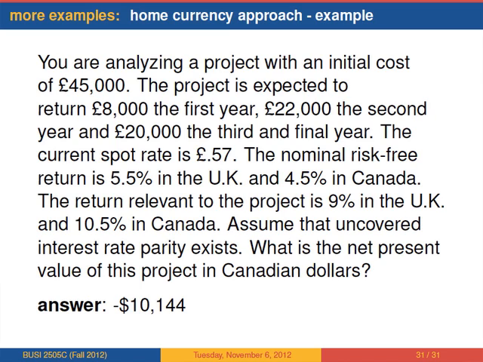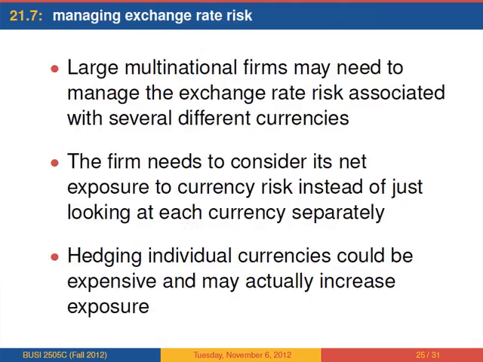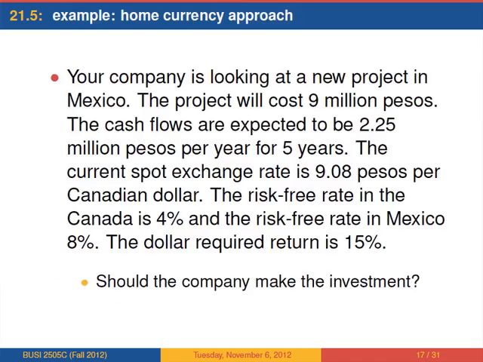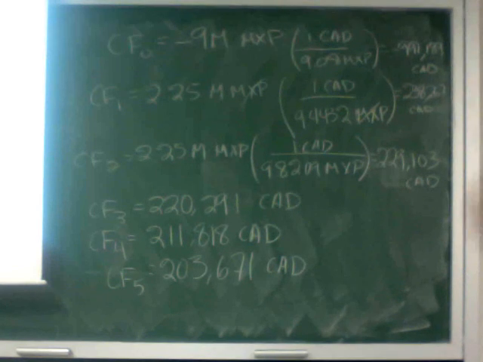You would convert 8,000 at the forward one rate, 22,000 at the 2-year rate, and the 20,000 at the 3-year rate. It's whatever the cash flow in that foreign currency is for that year, multiplied by what the expected value of the spot rate that year is going to be.